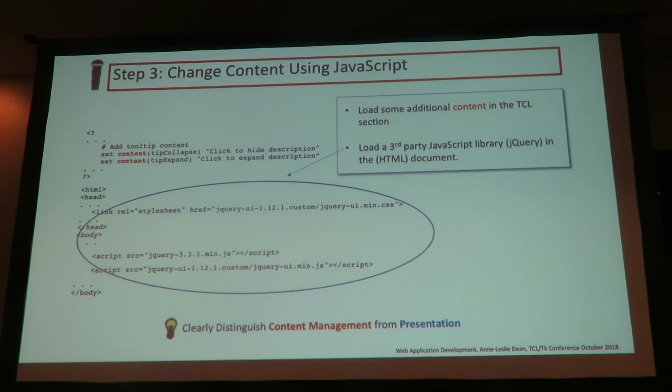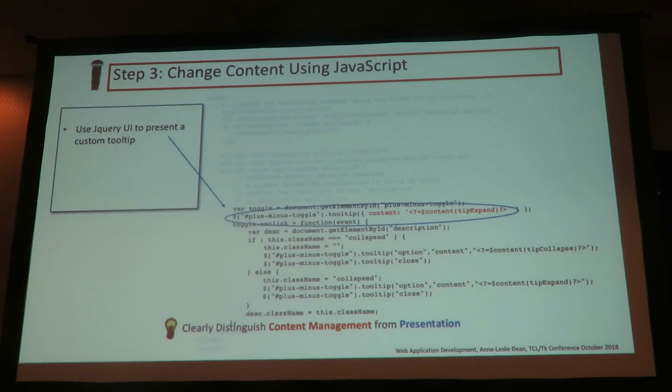And I'm using jQuery because there's a lot of literacy in jQuery out there. There are more popular and more modern JavaScript libraries that others might substitute in this capacity. So I use jQuery to attach a tooltip widget to my plus minus toggle.